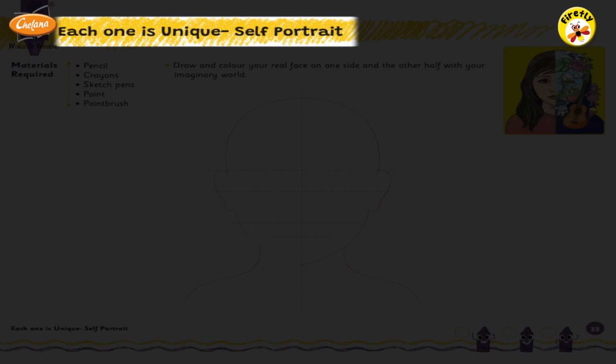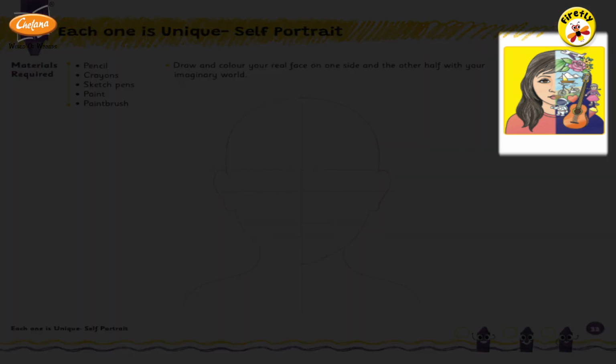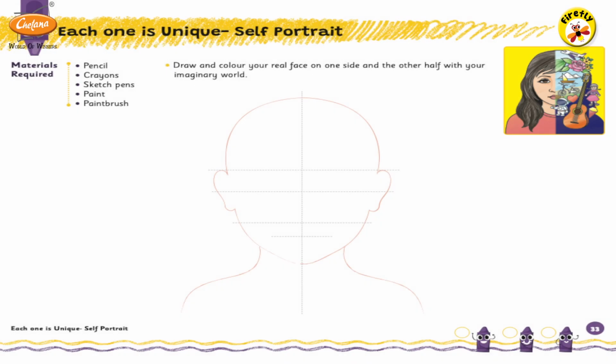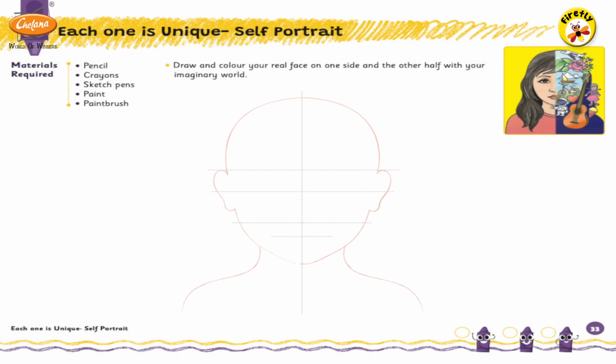This self-portrait is divided in 2 bits. One where you're doing originally what a girl or a boy looks like, and the second part of the portrait, you have to do things you like, dreams you have, places you want to see, and use that in your portrait. Isn't that interesting? The NCFSE 2023 also encourages students to learn about their culture and heritage through art.